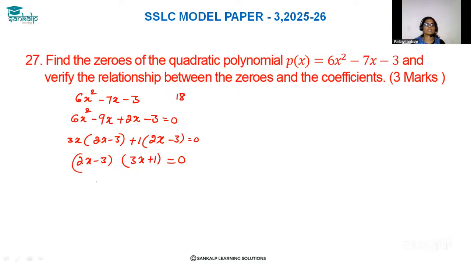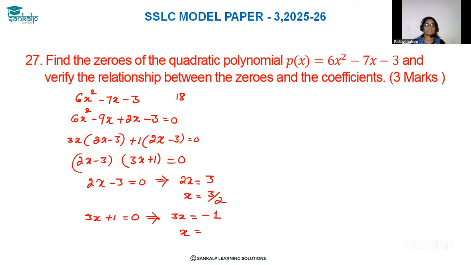If 2x minus 3 is equal to 0, this implies 2x is equal to 3, so x is equal to 3 by 2. If 3x plus 1 is equal to 0, this implies 3x is equal to minus 1, so x is equal to minus 1 by 3.